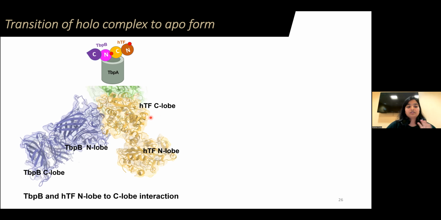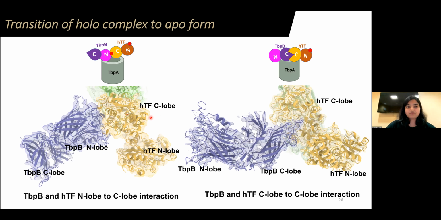This is one structure we have, and the other structure that I showed previously has a C lobe interaction and has no iron bound to it. So between these two states, TbpB is doing some real weird things that we still need to understand.